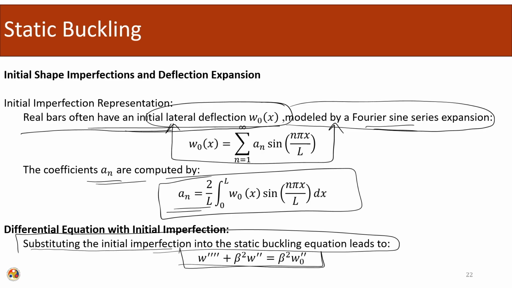Here W is the displacement, measured from the initial deflection, and W naught determines the imperfections. So, in this particular equation, the imperfections are also taken into account.